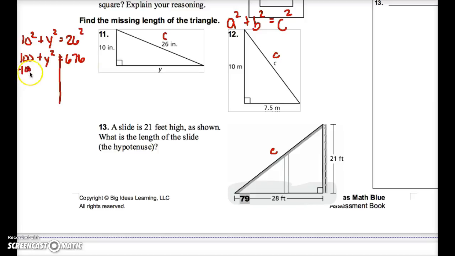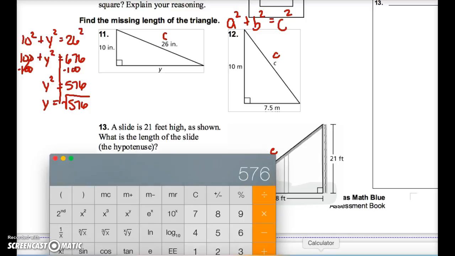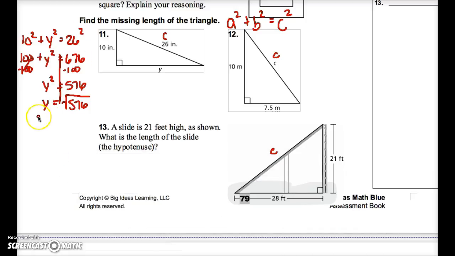So I'm going to subtract 100 on each side. So y squared equals 576. And then remember, we still need to take the square root of that. Okay, so the square root of 576 is 24. So y in this case will equal 24.